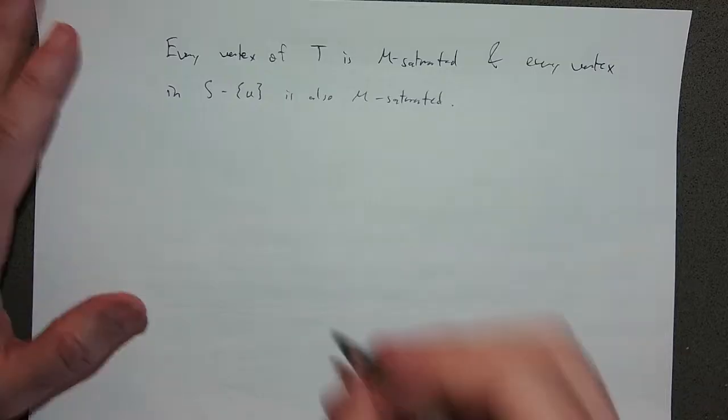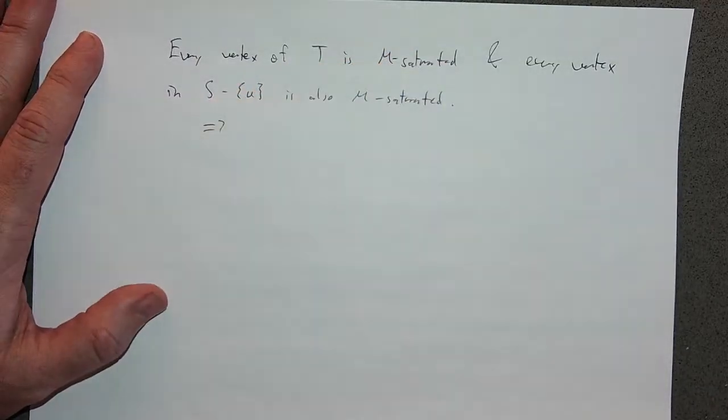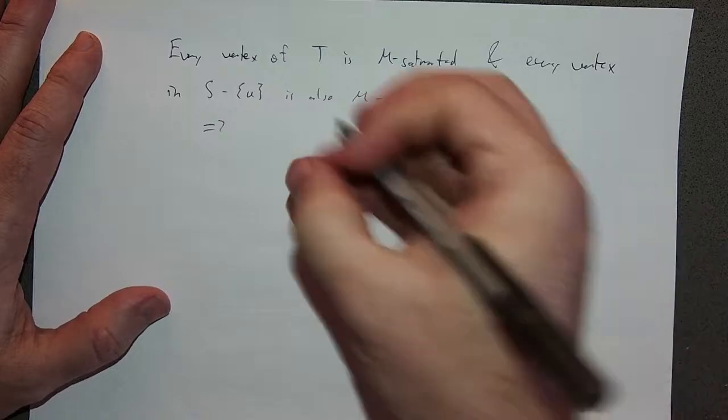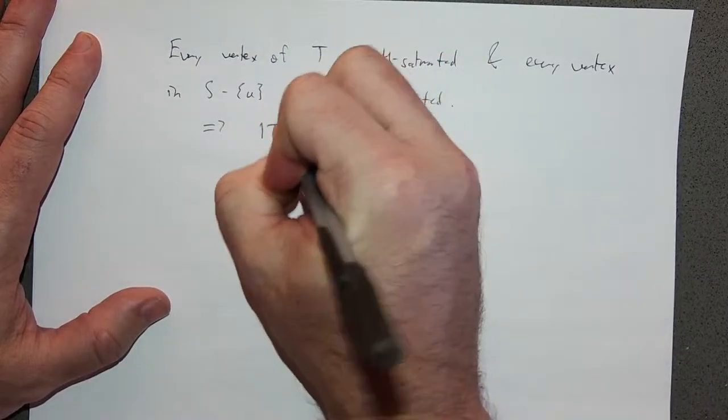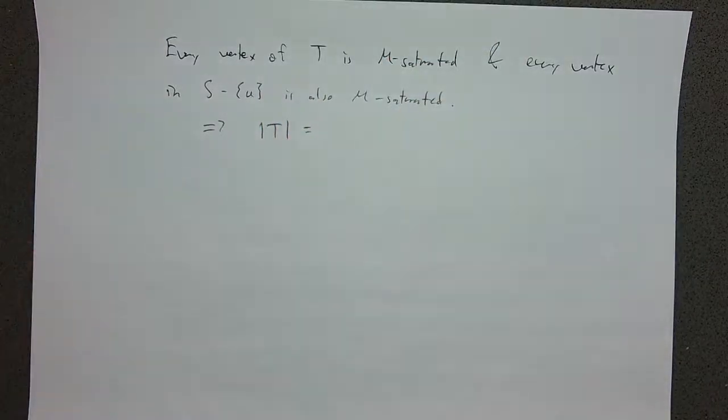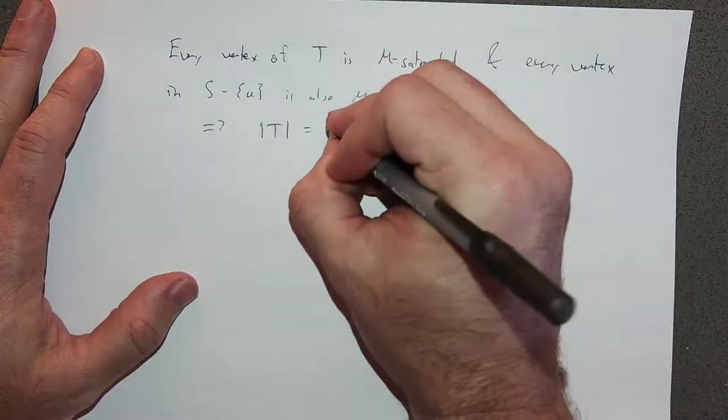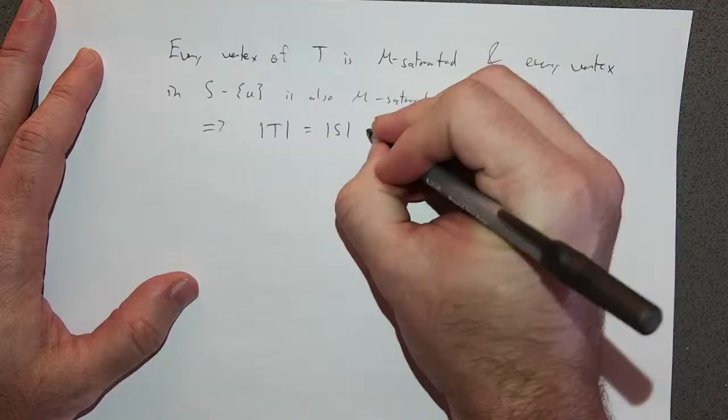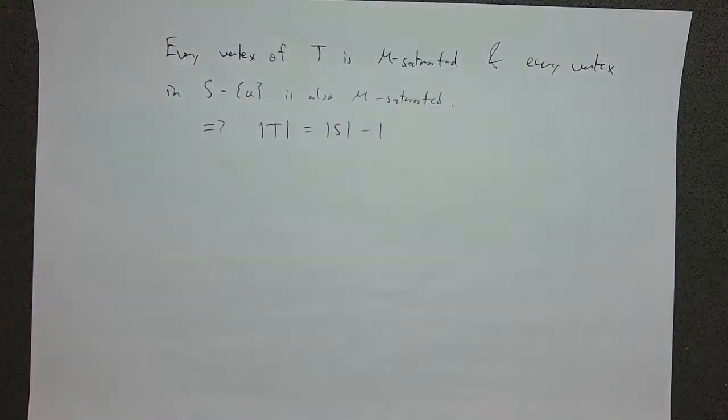But what does this mean? It means the size of T, remember T is all of the vertices in Y that can be joined to U by an M alternating path, is actually the cardinality of S minus 1.